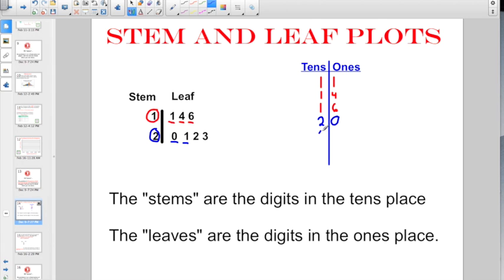So that's going to give me 21. 2 in the tens place and 2 in the ones place, that's going to give me 22. And 2 in the tens place and 3 in the ones place means this data being displayed is 23. Does that make sense to everybody now?